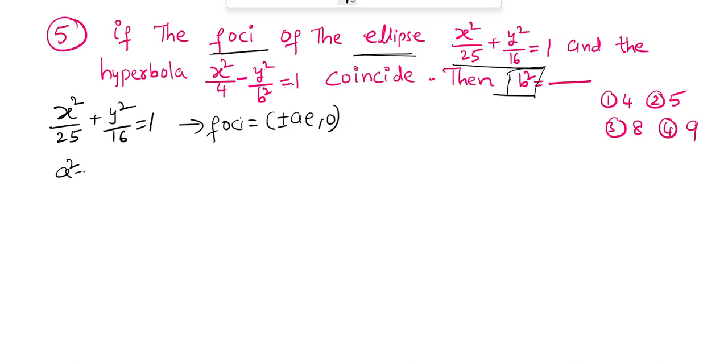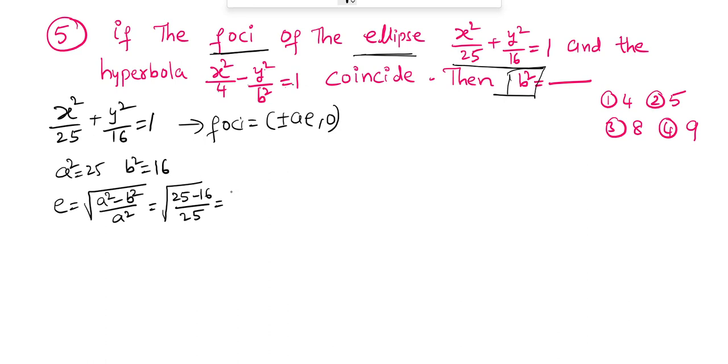Here a square is 25 and b square is 16. Now we find eccentricity, square root of a square minus b square by a square, which is 25 minus 16 by 25, 9 by 25, that is 3 by 5. Now foci are plus or minus ae, that is 5 times 3 by 5, comma 0. Here 5 cancelled, so foci are plus or minus 3, 0.